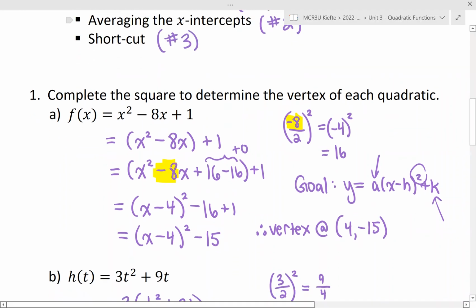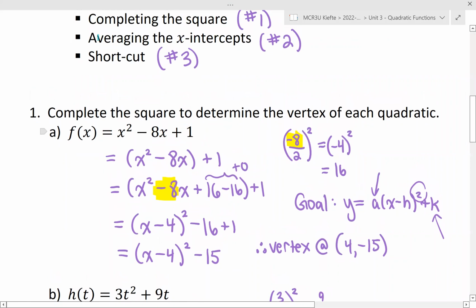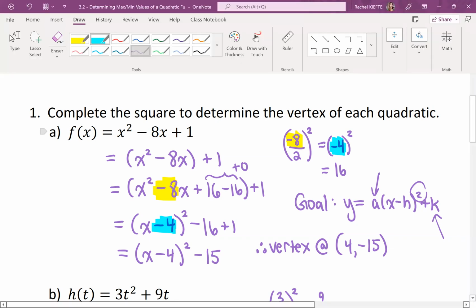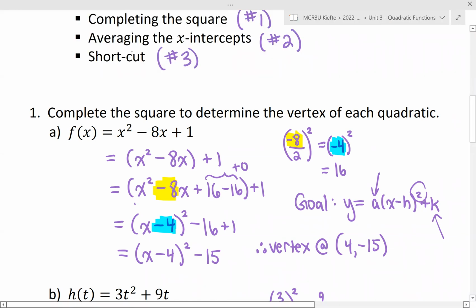So once we do that, we now have these first 3 terms can factor into a perfect square trinomial. So this -4 is actually always going to be this number right here, the number that you got when you divided it by 2. If you want, you can always expand this and show that you get these 3 terms here.